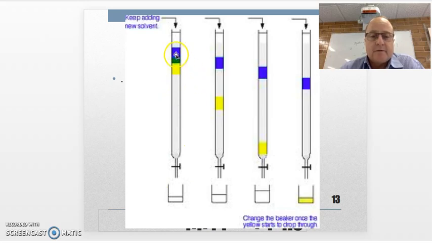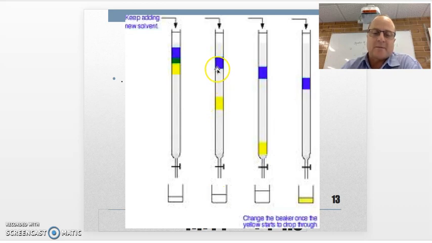So we can see that this mixture that was originally blue has separated out into different components based on their polarities, and this substance that happens to be yellow is travelling the fastest. So you would say that this yellow component of the mixture is less polar and not as attracted to the stationary phase within the column, and can be separated out first.